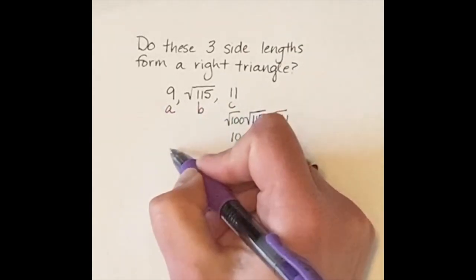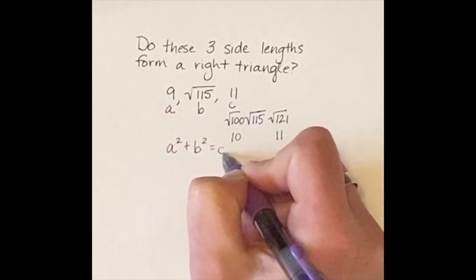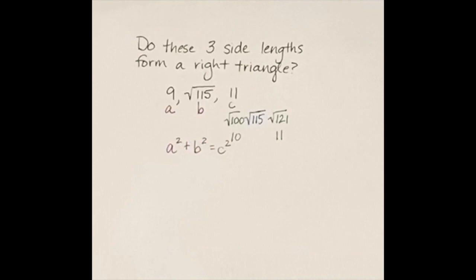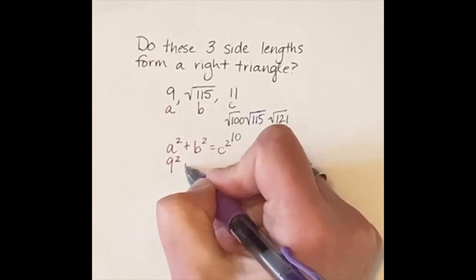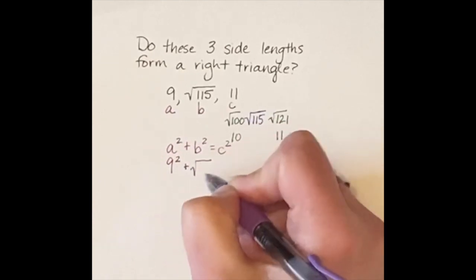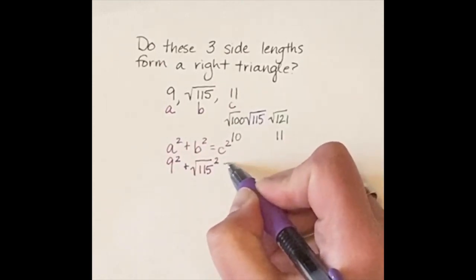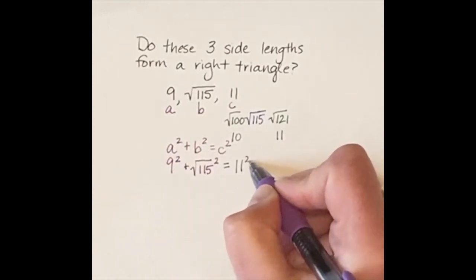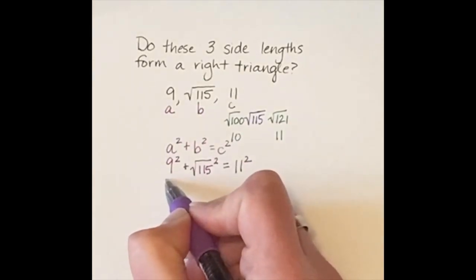So when I plug it into the formula of a squared plus b squared equals c squared, which is the Pythagorean theorem, to see if it forms a right triangle, I will plug in 9 squared plus radical 115 squared, and I'm going to say that's equal to 11 squared. 9 squared is 81.